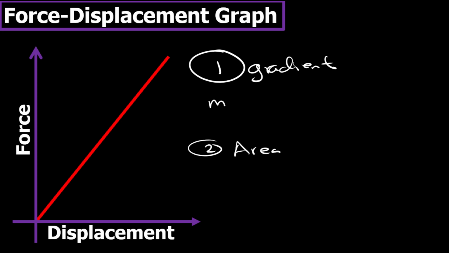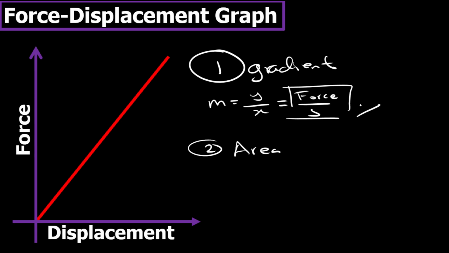Now the gradient is generally y over x, whatever the y variable is over x, and that's going to be force over displacement. If you ask yourself, does this represent work done? Your answer will be no. So let's look at the second choice, which is area. This area will be y multiplied by x.